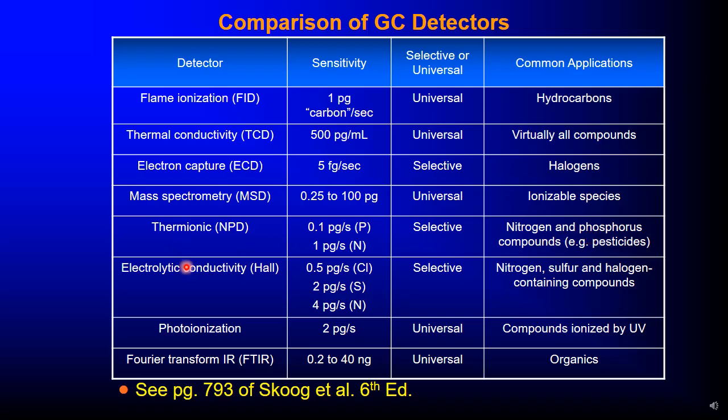Then we have electrolytic conductivity, majorly nitrogen, sulfur and halogen containing compounds. Then we have photoionization, also universal, compounds ionized by UV. Then we have Fourier transform IR, also universal for organics.